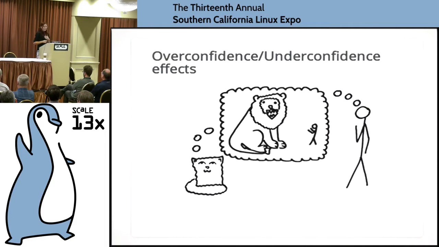There's also underconfidence effects, where people who are aware of perhaps just how much there is to know will underestimate the importance of the stuff that they already do know, such as the Dunning-Kruger effect, which is where skilled people have a better perspective on the things they don't know, and thus they tend to assume that their skill level is lower, whereas unskilled people are also often relatively uninformed about how much more there is to know.